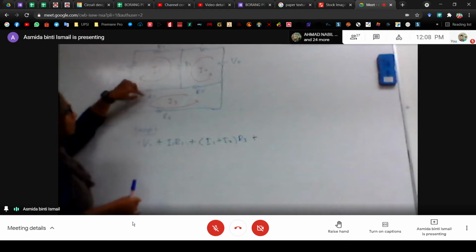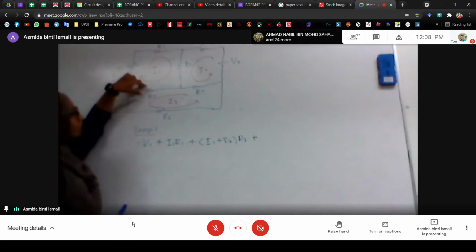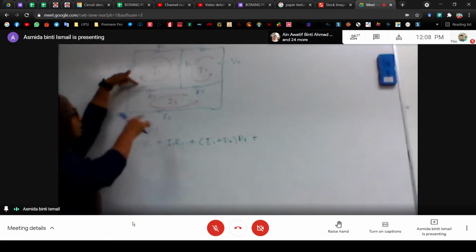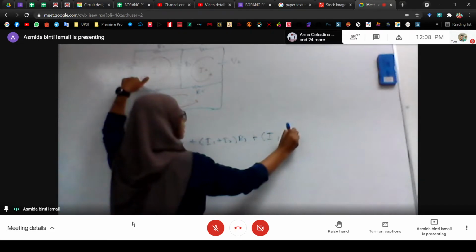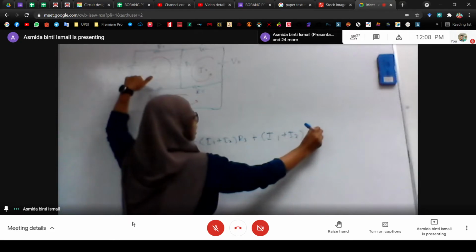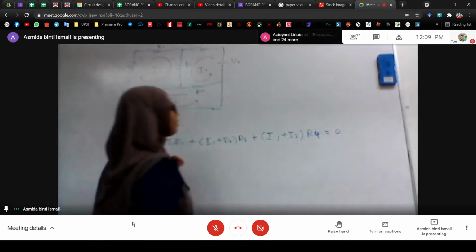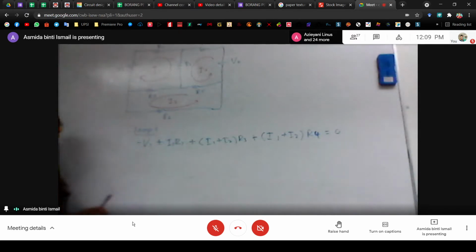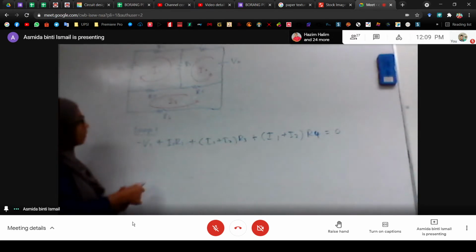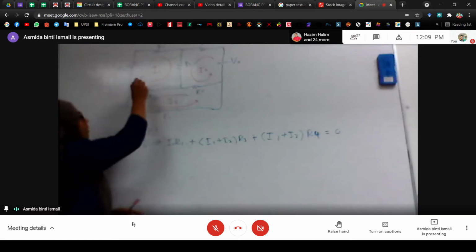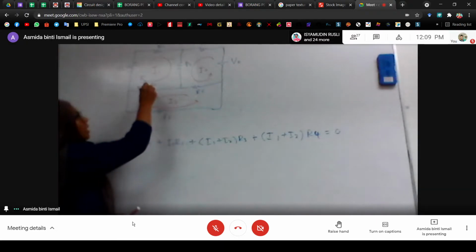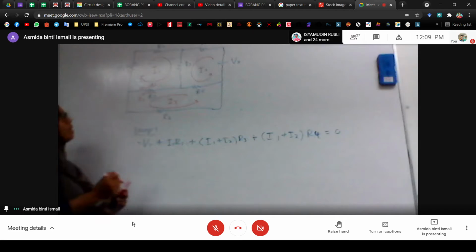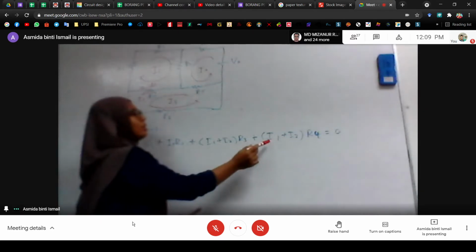So I1 here, I3, (I1 plus I3) times R4. Right? Is that right? I1 here is I1, right? And I3, it's the same direction, right? So I1 plus I3.